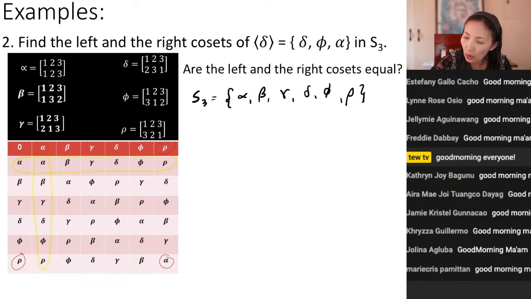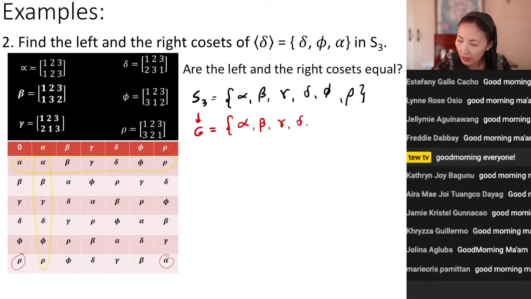So in this case, this is our G. Our G is this group, the group consisting of the elements alpha, beta, gamma, delta, phi, and rho. This is your set of permutations of 3 symbols. This is our group. And the subgroup H is the group consisting of delta, phi, and alpha.